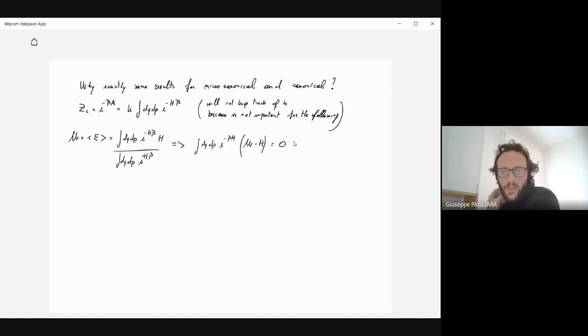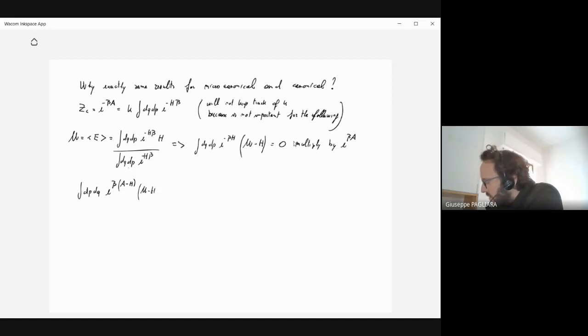Okay. Now let me multiply by e to the beta A, and we obtain the integral dq dp e to the beta (A minus H), and here I have U minus H, and this is equal to 0.